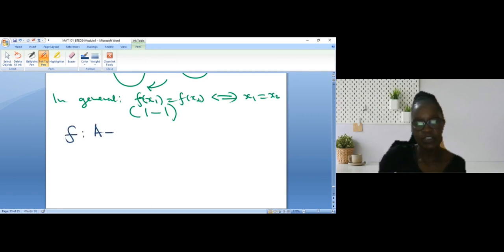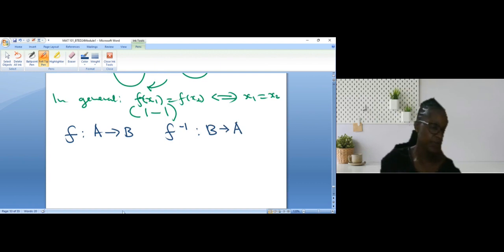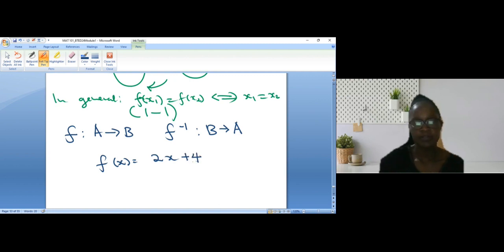So assuming that our function is one to one, we can always define the inverse, a relation that takes you back. For example, take f of x equal to, say, 2x plus 4. There's uniqueness here.